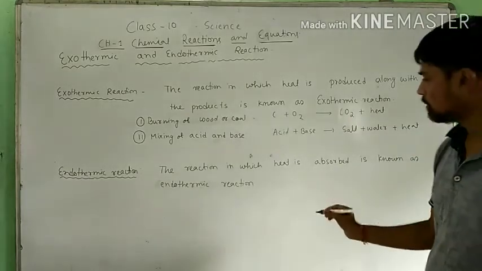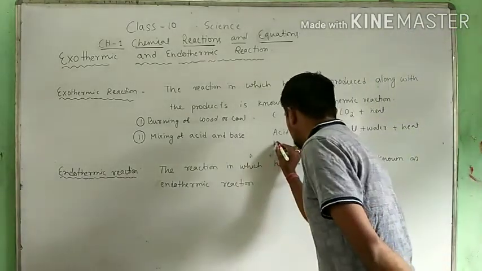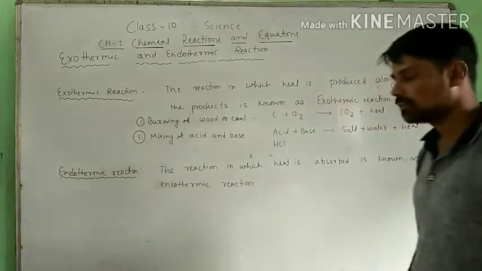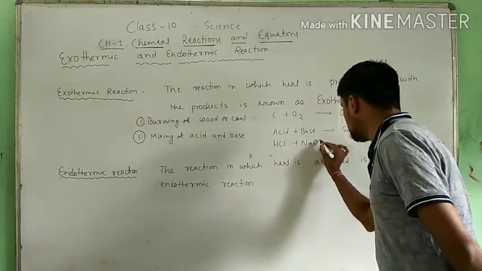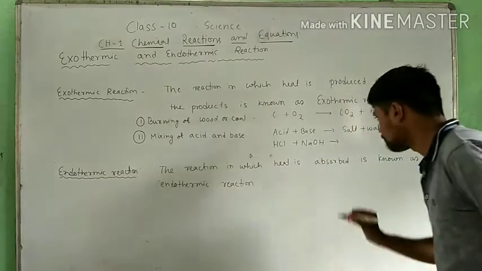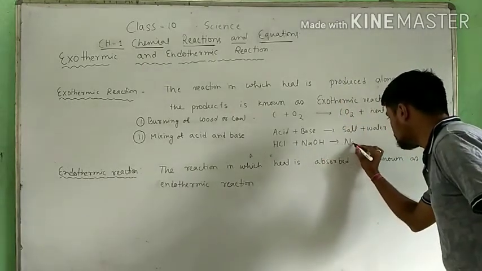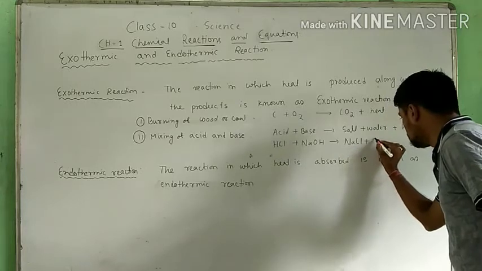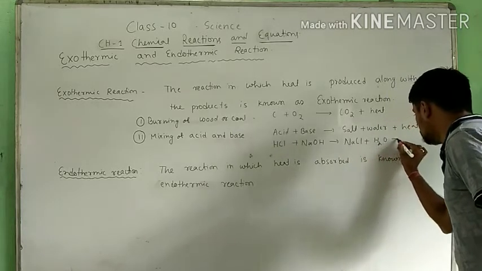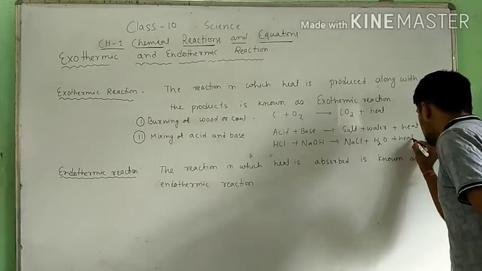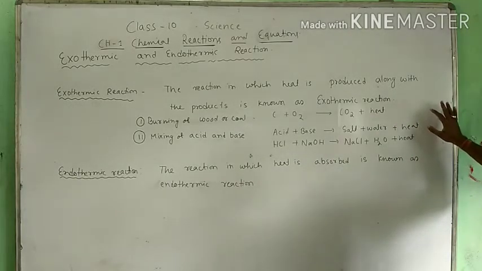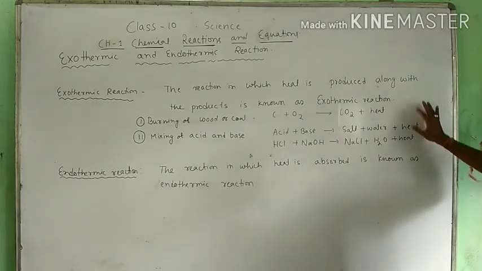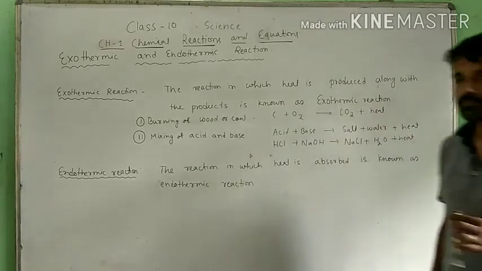Let us take an example of acid, hydrochloric acid, HCl. Example of base, let us take NaOH, and the salt will be NaCl, water H2O, heat. So these are some examples of exothermic reaction, since in both reactions heat is produced along with the product.